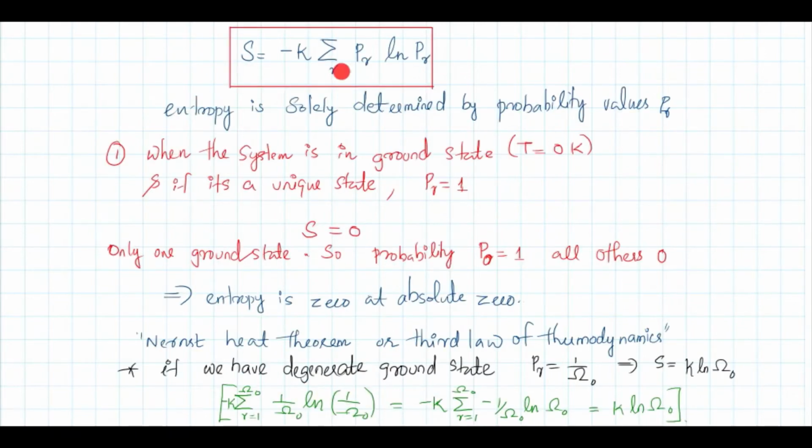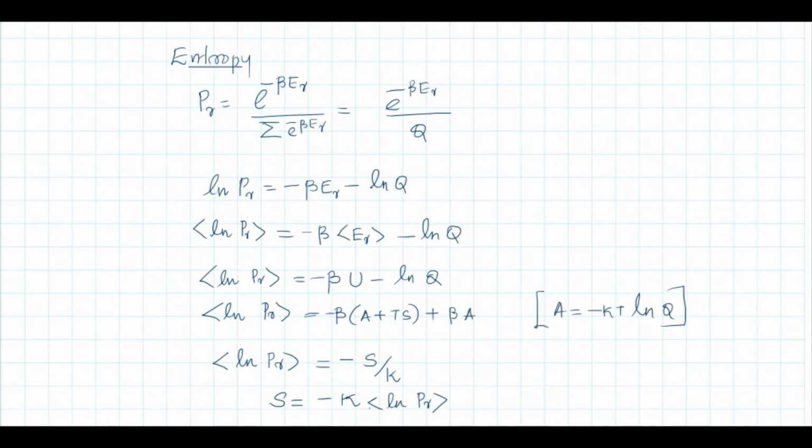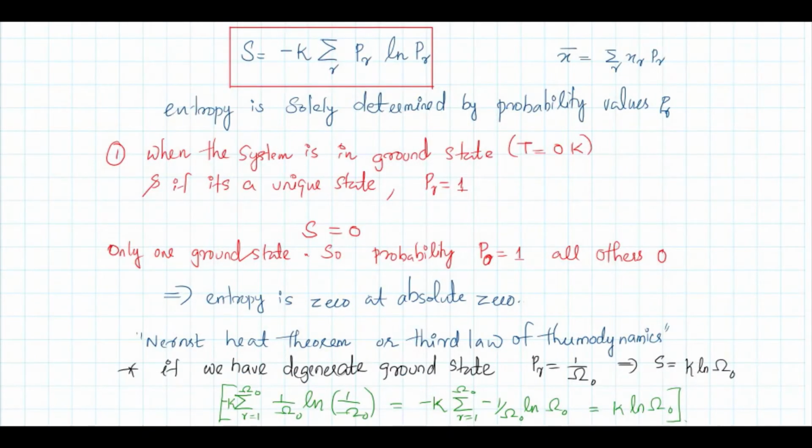The average value of log PR is sigma R PR into log PR. We already mentioned that the average value of any quantity is sigma R XR PR.